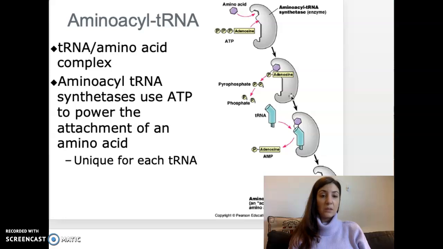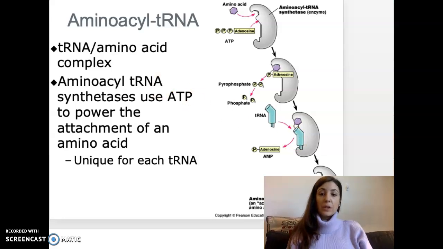What they do is they use ATP to physically bind this amino acid to the tRNA. So it's going to be a chemical reaction of physically bonding the amino acid to its corresponding tRNA when it's needed. Each enzyme is going to be unique for the tRNA. So if there are 45 tRNAs, we're going to have this set of 45 enzymes that will do the reaction where they're using ATP to physically bind the amino acid to the tRNA.